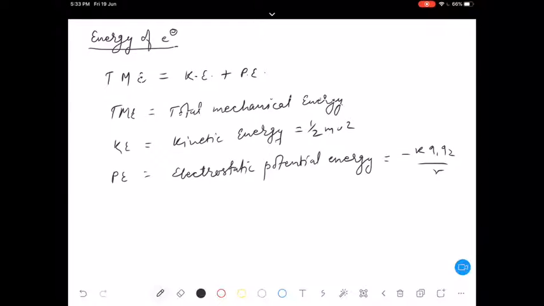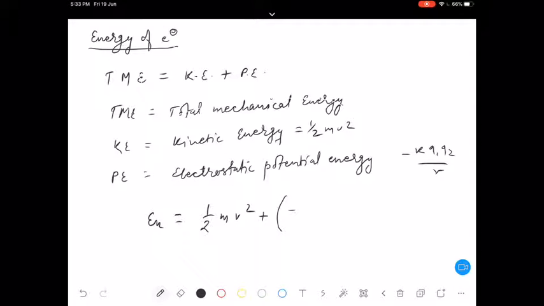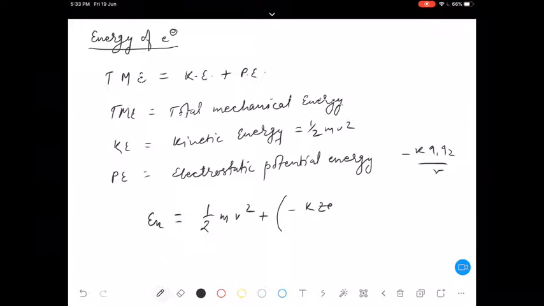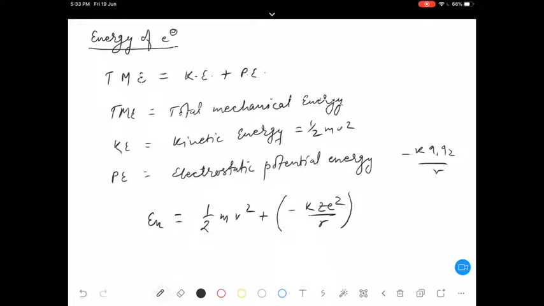Now that energy part, let's come back. So here we are writing total mechanical energy is the sum of kinetic energy plus potential energy. So I can write this total mechanical energy as En, energy of electron in nth orbit, as half of mv square, mass of electron into velocity of electron in nth orbit, plus minus k z e square by r.